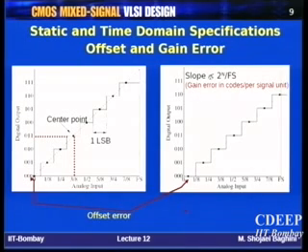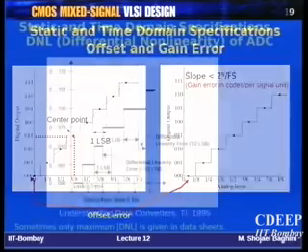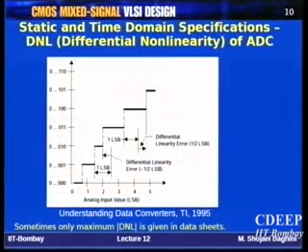In this particular example, your slope is less than 1 transition per LSB. 1 transition per LSB is the same thing, because if you shift 2 to the power n to the denominator, you get 1 upon full scale divided by 2 to the power n, which is 1 bit transition divided by 1 LSB. In the time domain.